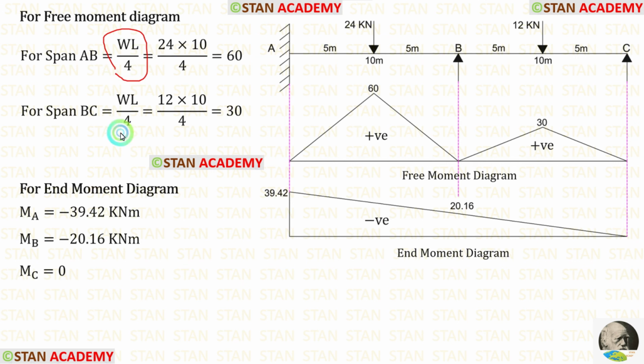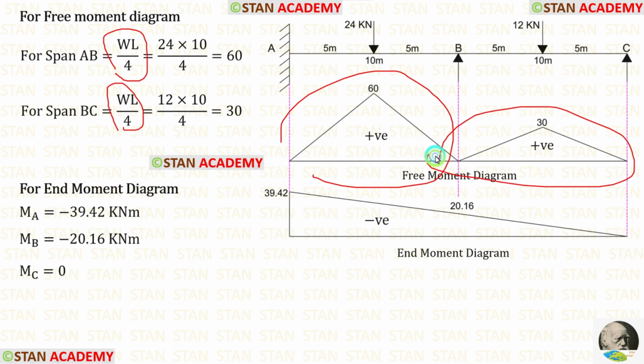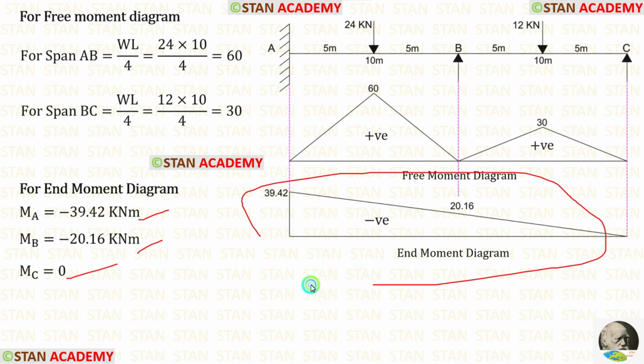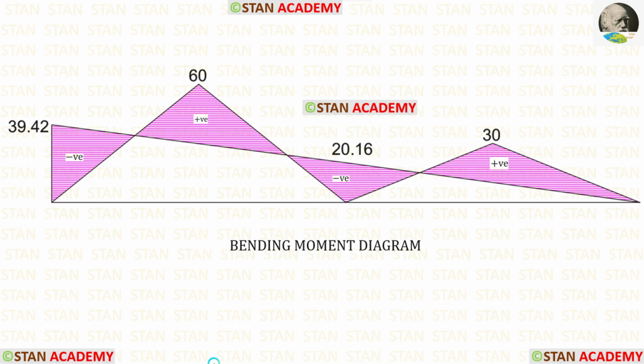Then we can use these formulas and draw these diagrams. Then using the end moments we can make the end moment diagram. Then we can combine both of the diagrams so that we will get the bending moment diagram.